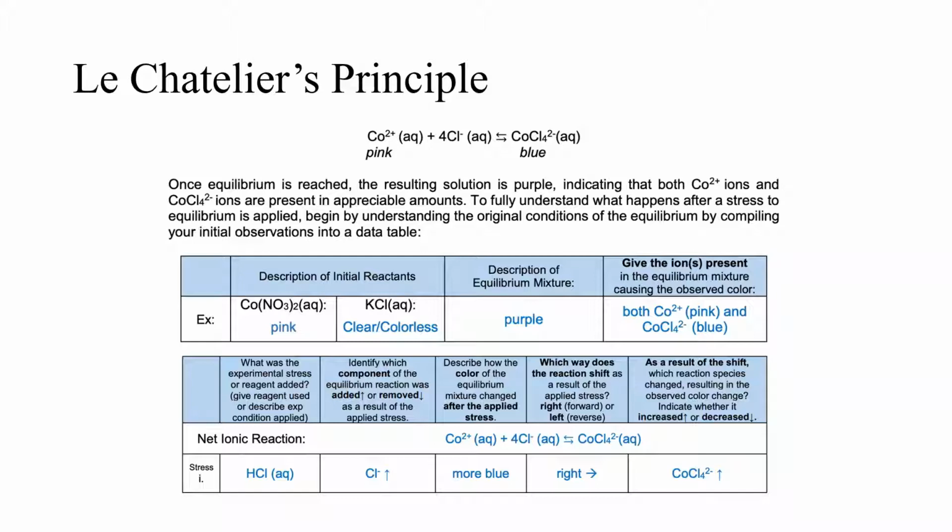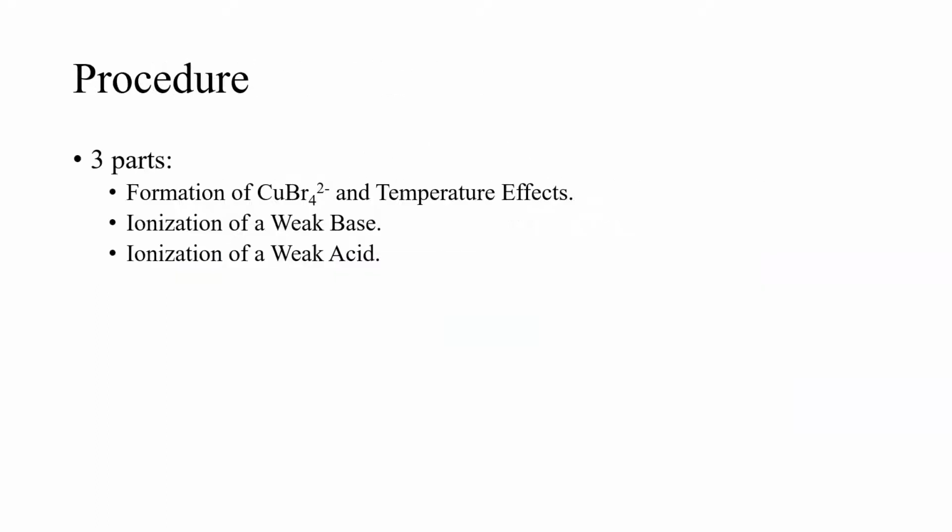However, if you add hydrochloric acid to the system, the concentration of the chloride ions would increase as the hydrogen ions are going to be spectator ions, and you can see from the equation that chloride ions are present on the reactant side. So this would cause the equilibrium to shift to the right side. As a result of the shift, some of the pink cobalt ions would react, while more blue cobalt perchlorate ions would form. Thus, the solution becomes more blue.